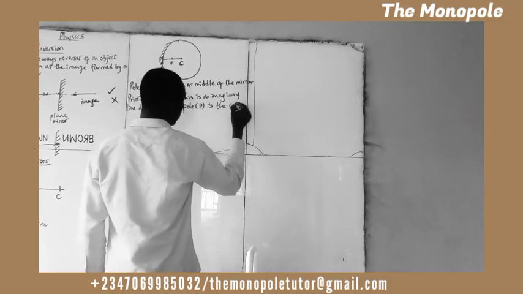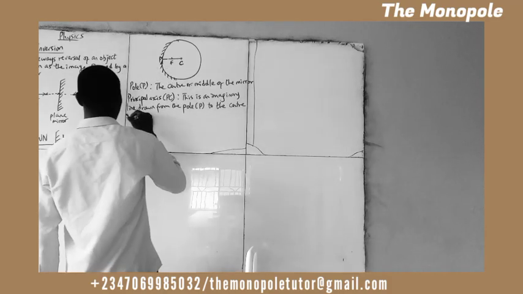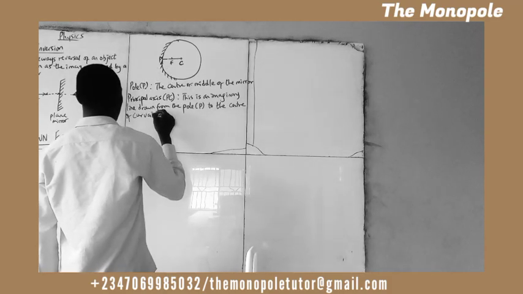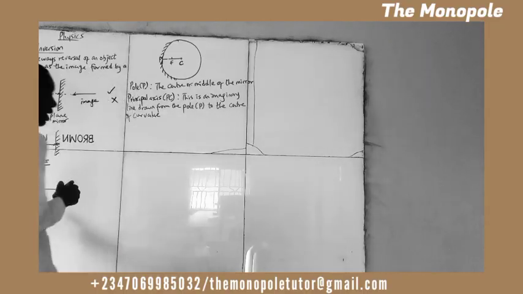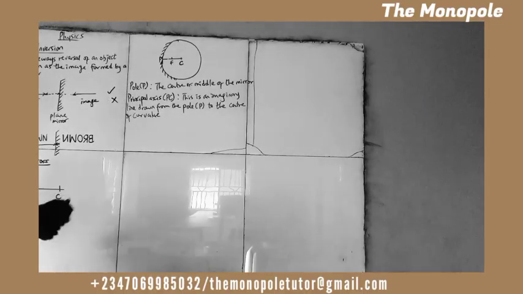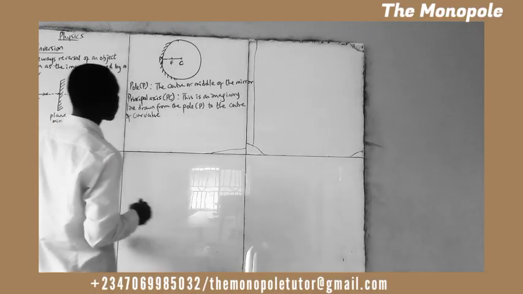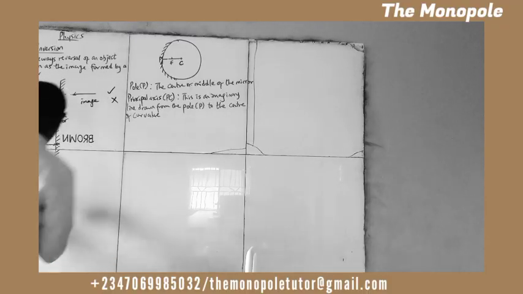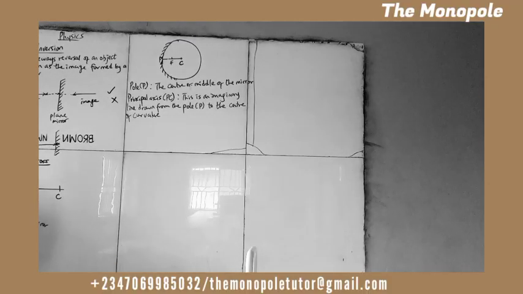C is known as the center of curvature. Objects usually stand on it, and images also have their part standing on it. This imaginary line can be produced backwards, behind the mirror. So the line that goes from P to C is called the principal axis. It is an imaginary line drawn from the pole to the center of curvature.